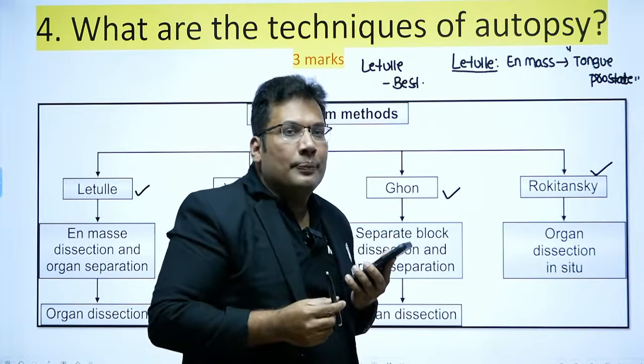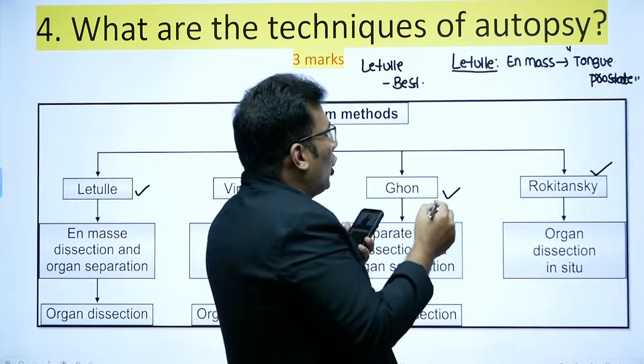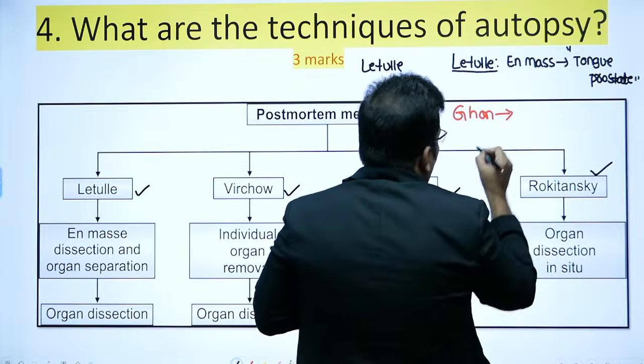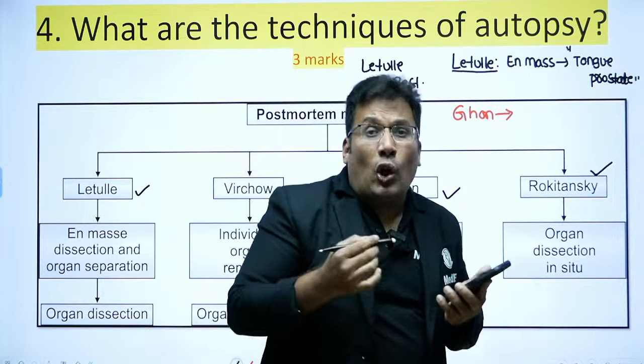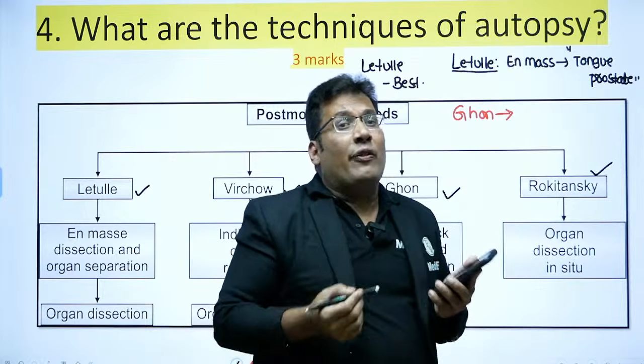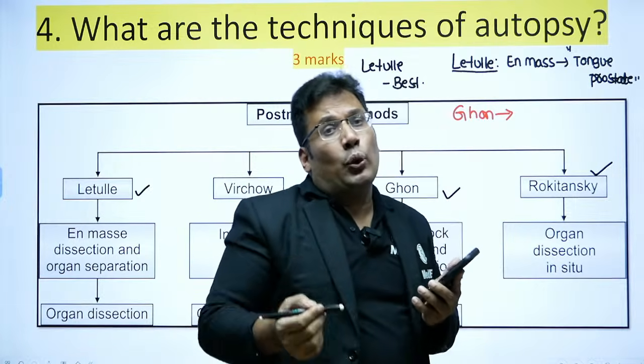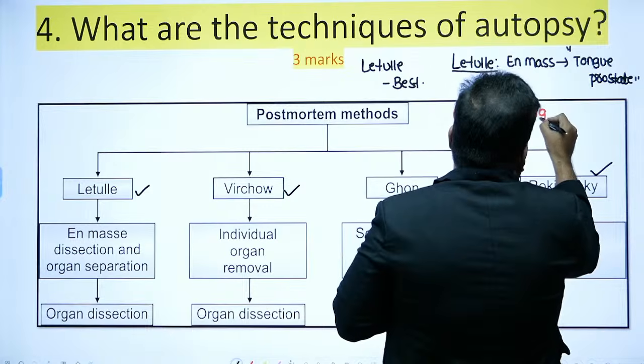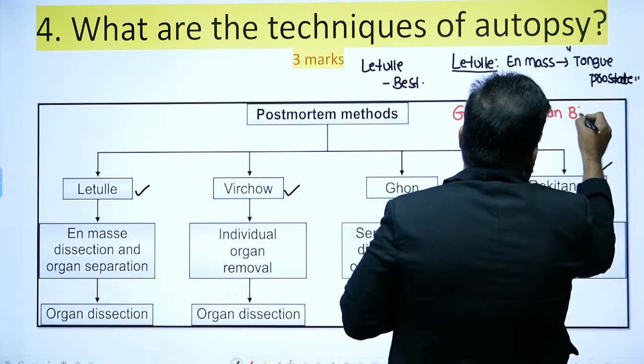The second type is known as Gaunt technique. In Gaunt technique, which is a modified technique of Letourley, we are going to do organ blocks.